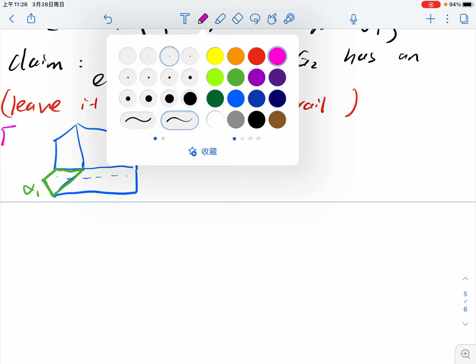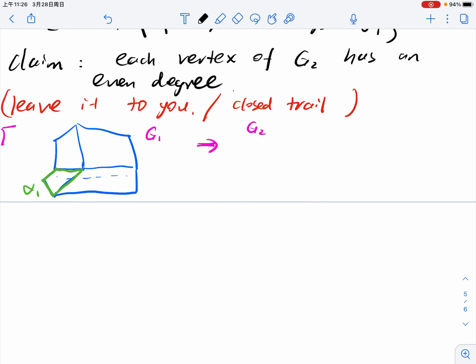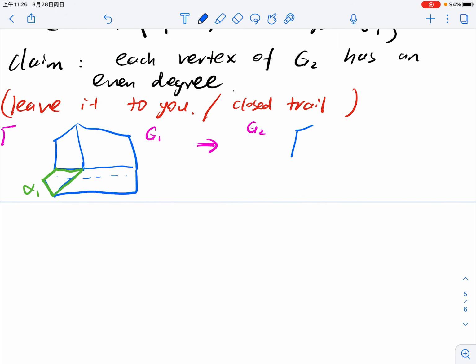To construct G2, you need to delete those closed trails, so you don't have the green part anymore.